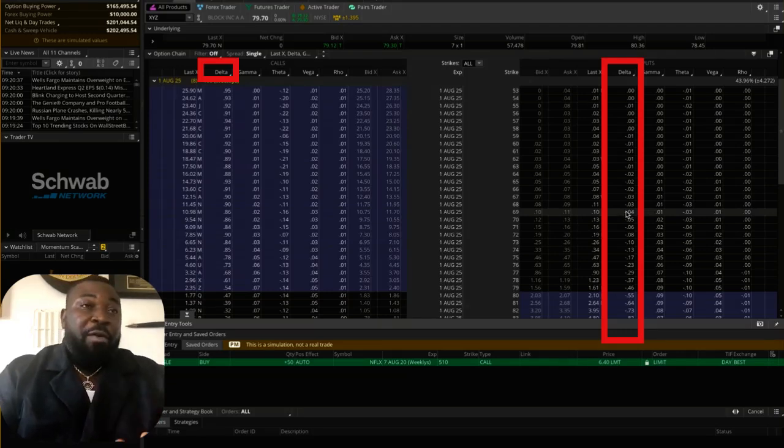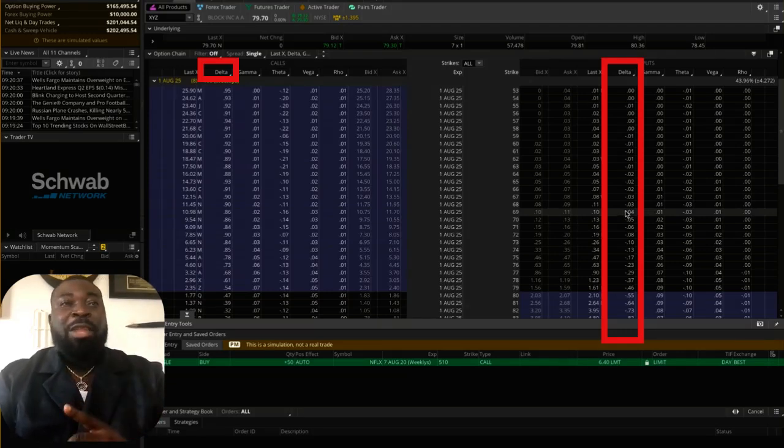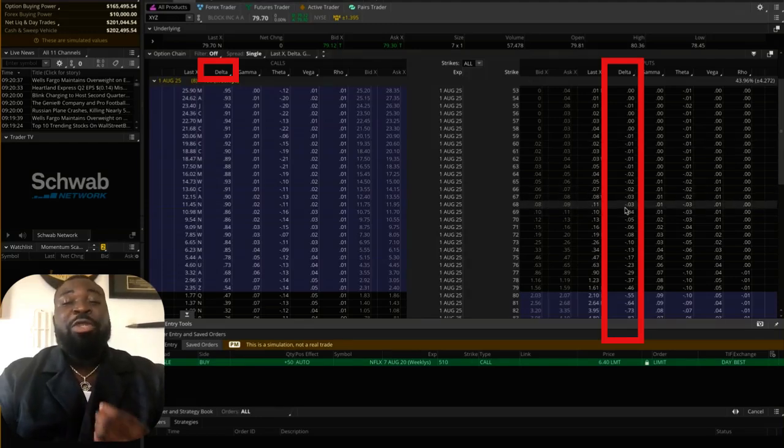That's bad for a buyer, but if you're a seller, that's actually a good thing. If you're selling options contracts for premium, you want a low percent chance that it's going to end up in the money, because when you're selling, you only lose money or get put the shares if the strike price you choose ends up in the money.